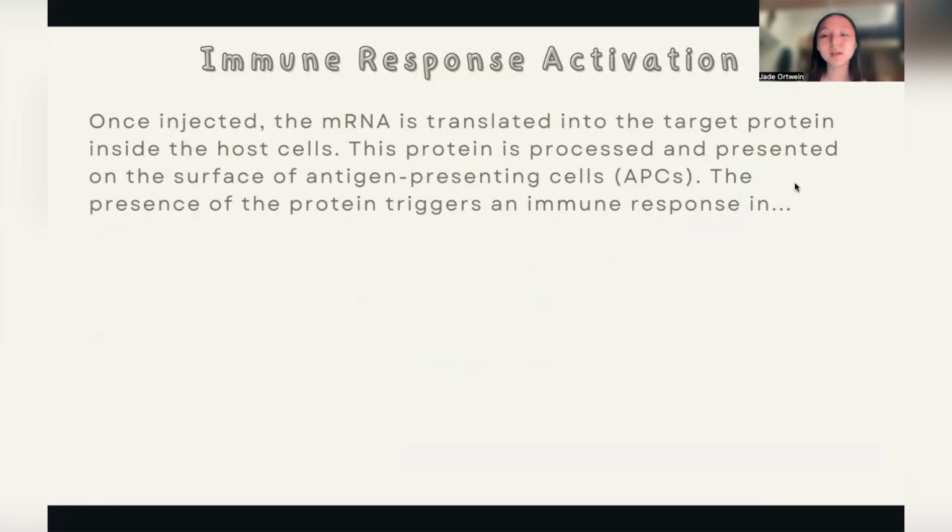This protein is processed and presented on the surface of the antigen presenting cells.